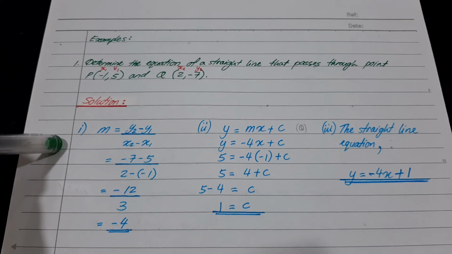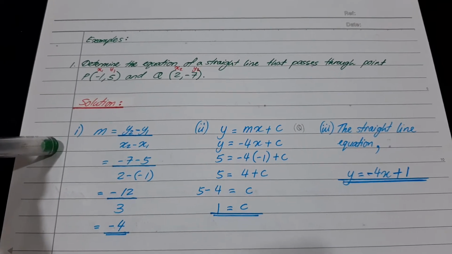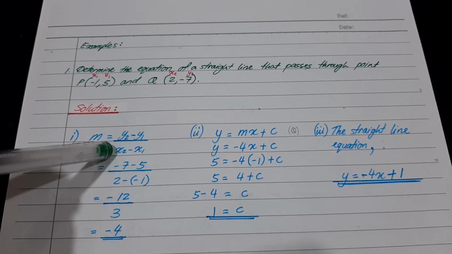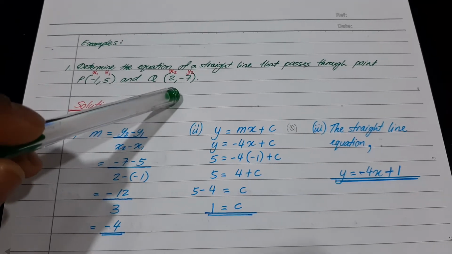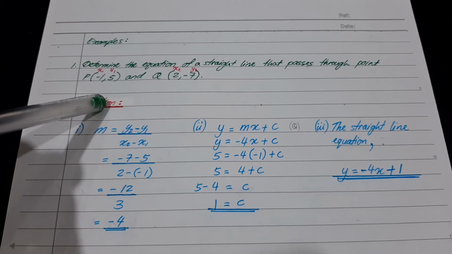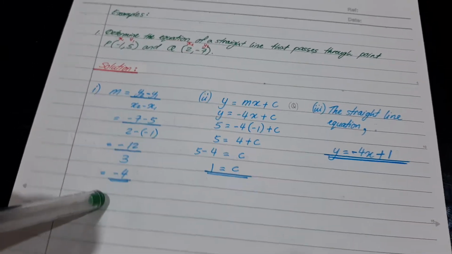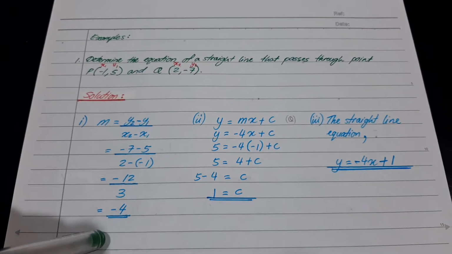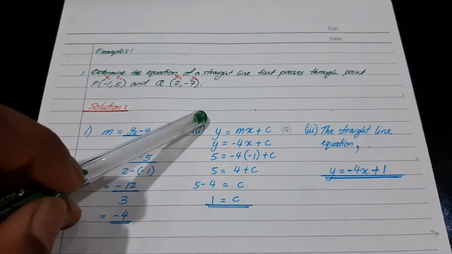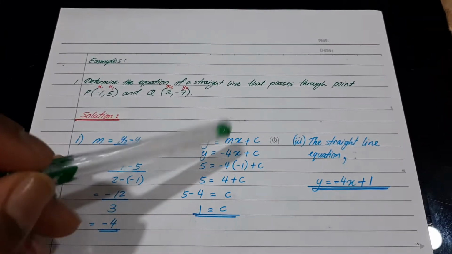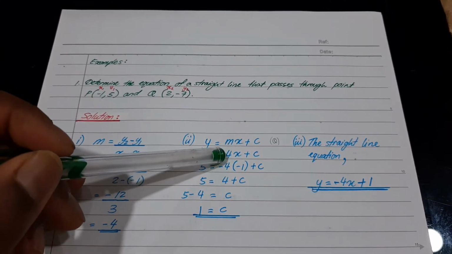The first step is to find the gradient. You take y2 minus y1 over x2 minus x1. So you get negative 7 minus 5 over 2 minus negative 1, and you will get your gradient, negative 4. Then substitute that information in y equals mx plus c, where m is negative 4.